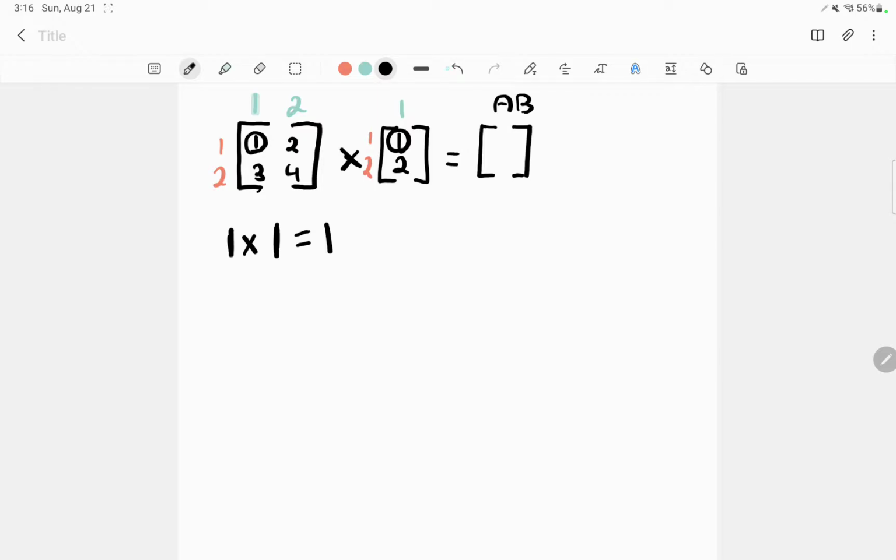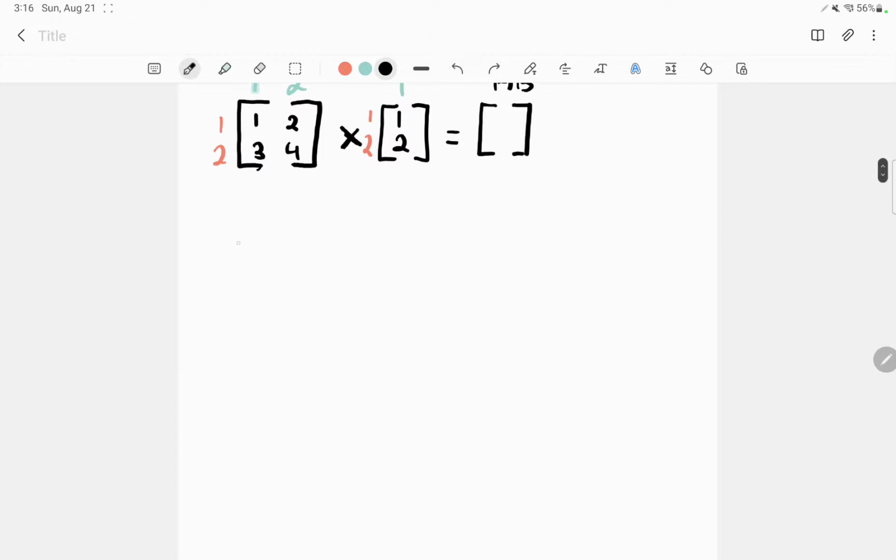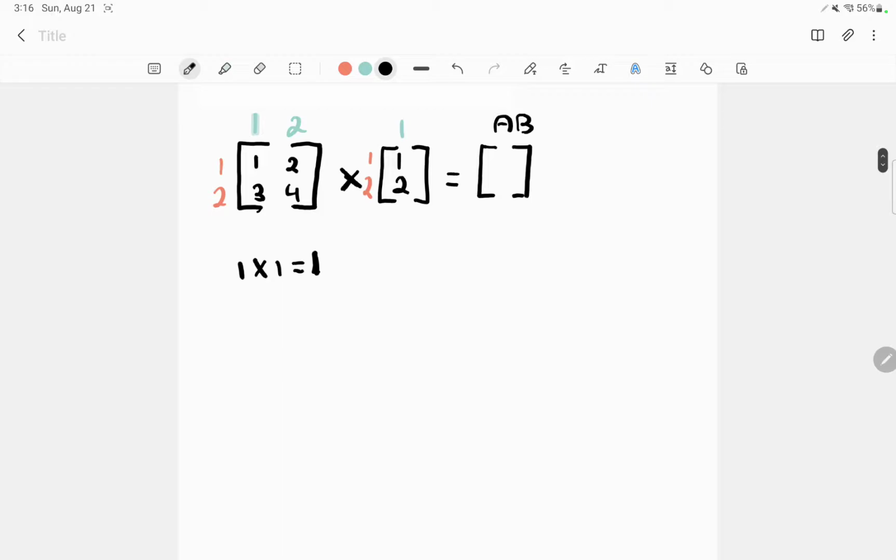Now, let's go back. And now I'm going to do row 1, but column 2. I'm going to do this guy over here.